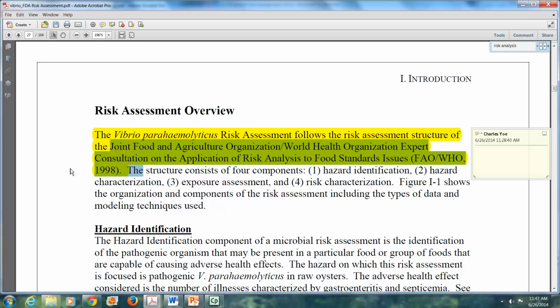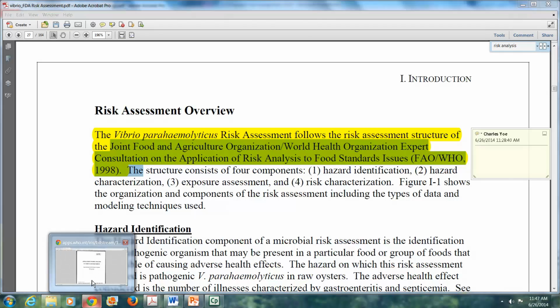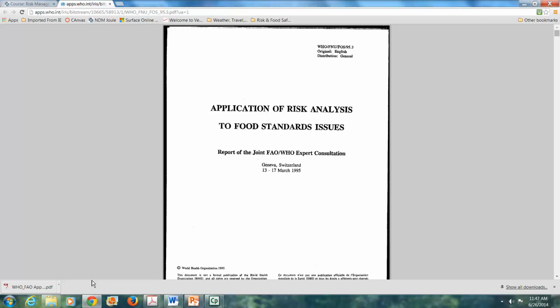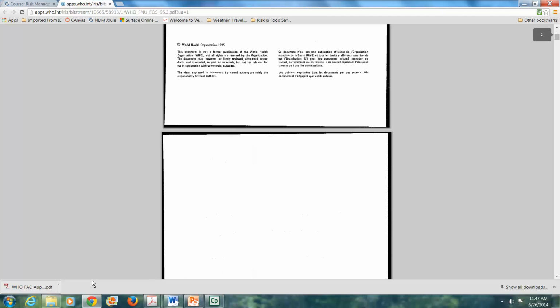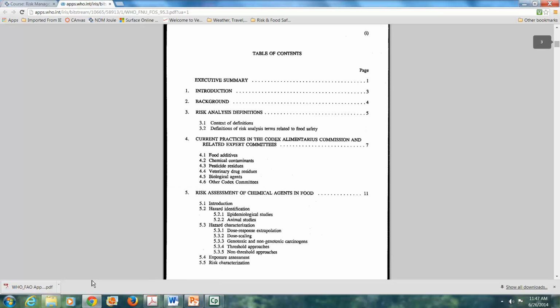It was actually published in 1995. And that document is shown here. Now, I will step you through it just very briefly so you get the idea that when the U.S. FDA, Center for Food Safety and Applied Nutrition, undertook its risk assessment for Vibrio parahaemolyticus, they were following a model also. They were following the model that was presented in this document.